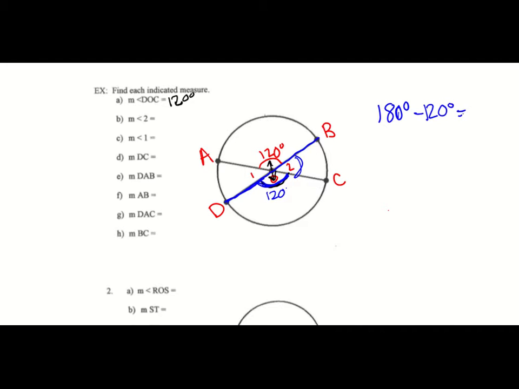So 180 minus 120 gives us 60. That makes angle 2 60 degrees. And then if we know this is 60, we can do the same thing we did earlier, vertical angles straight across from each other. Angle 1 is also 60 degrees.